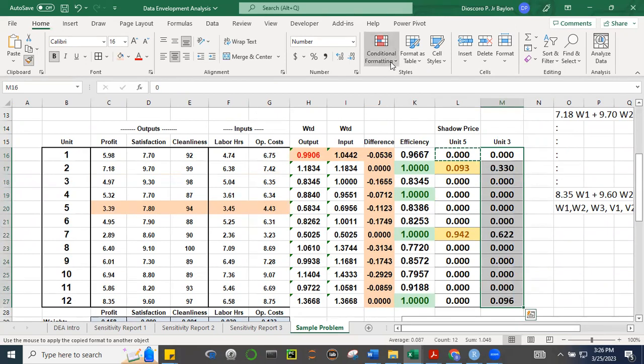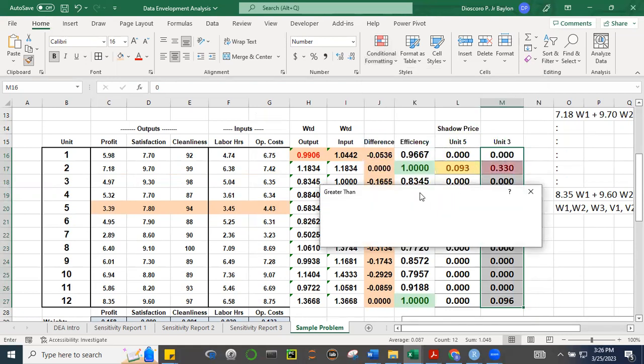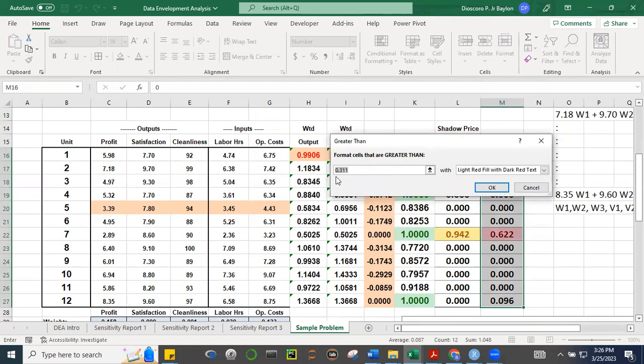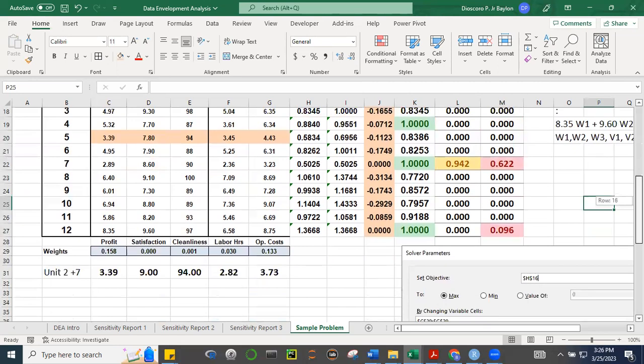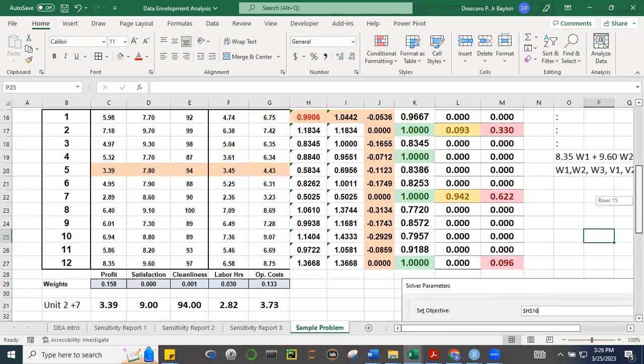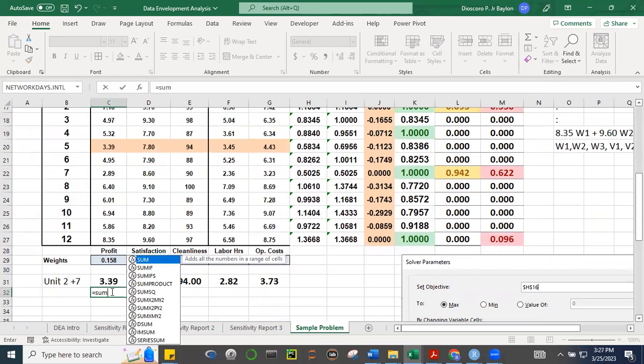And let me just do conditional formatting. Okay, there. And then once again, we compute for the outputs and the inputs, so you have here SUMPRODUCT.